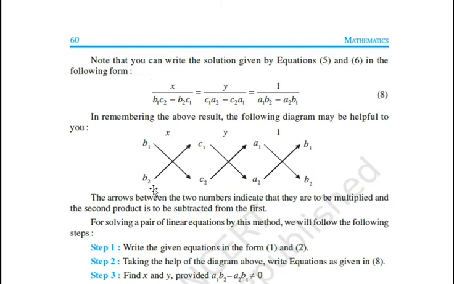It is very simple: b1, b2, b1, b2. When you write this b1 b2, and at the end b1 b2, and set the c1 c2 a1 a2, then you can see the arrows, cross multiplication arrows: b1 c2, b2 c1, like this. Both are the same. I think this will be easier to memorize, right?